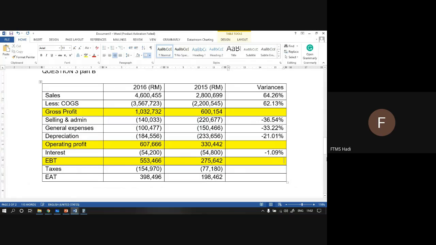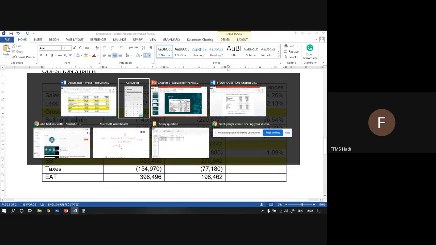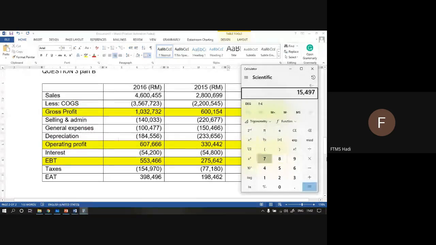Next, taxes: negative 154,970 minus negative 77,180, and then divided by negative 77,180, multiply by 100. Is it 100? Okay, let me check again.